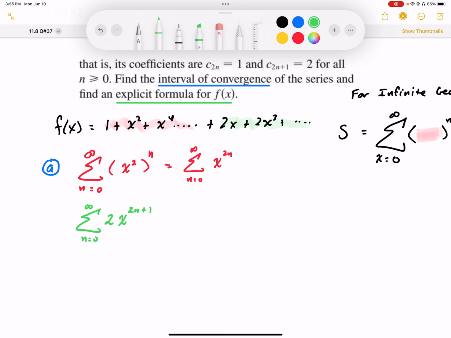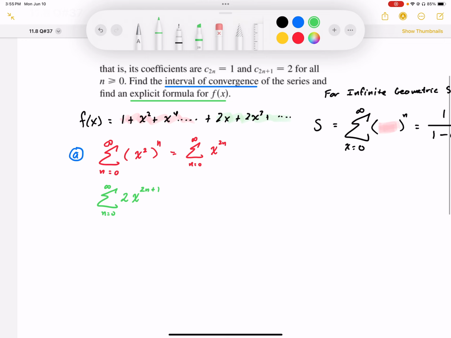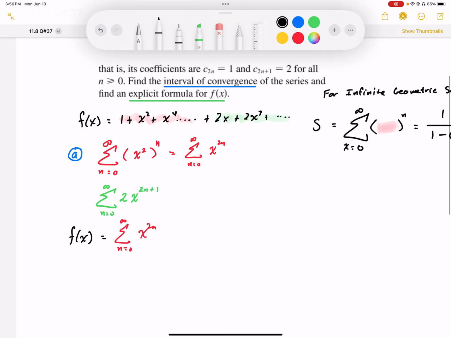Okay, so we have the function described with two series parts. We can put them back together, and it's going to look like this: the series from n equals 0 to infinity of x to the 2n, plus the series from n equals 0 to infinity of 2x to the 2n plus 1.